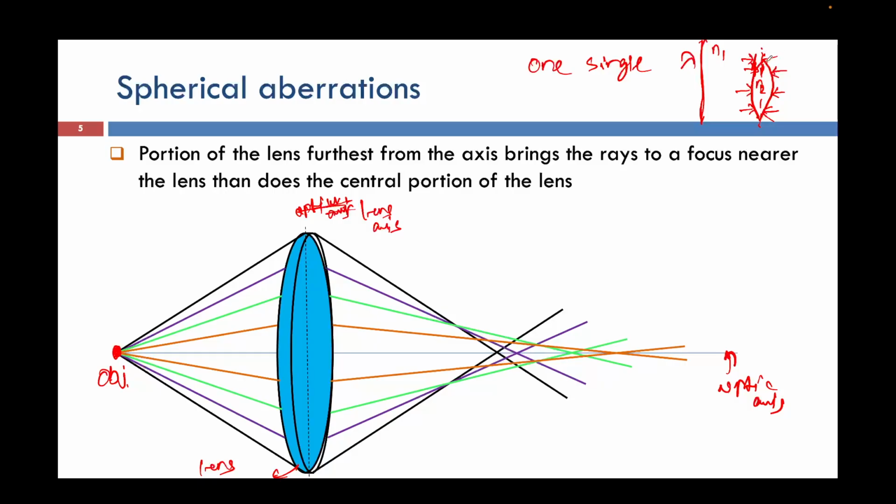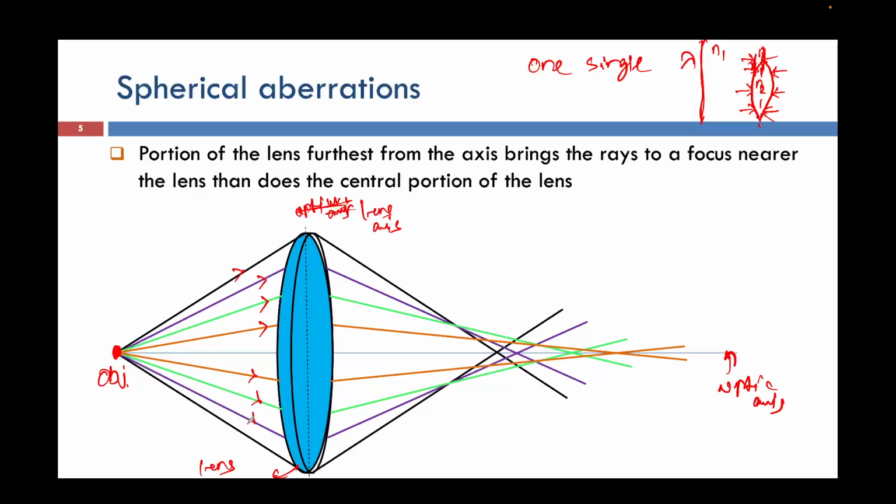But that thing we have not taken into account. By default, we have thought that the lenses are perfect and our rays are getting refracted from the middle of the lenses. No, and that is why another aberration will come, that is known as spherical aberration, right? And how will that spherical aberration come? You see, all these are incident beams, okay?